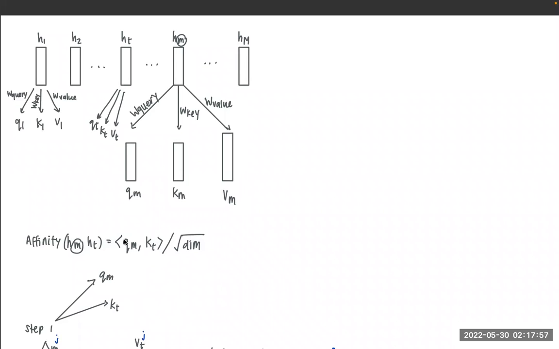Imagine that those Q and K have component elements that are normal (0, 1) random variables, and then this inner product scales according to the square root of the dimension. Therefore, you want to divide this inner product by the square root of the dimension as a matter of normalization, so that the affinity does not depend on the dimensionality.